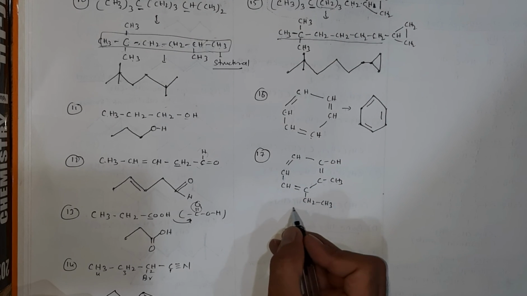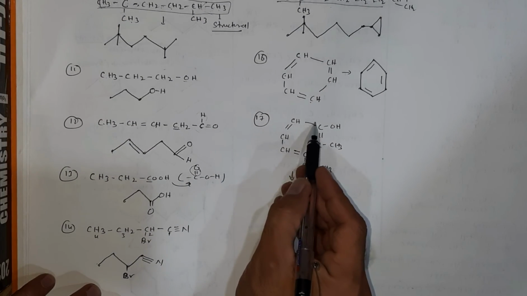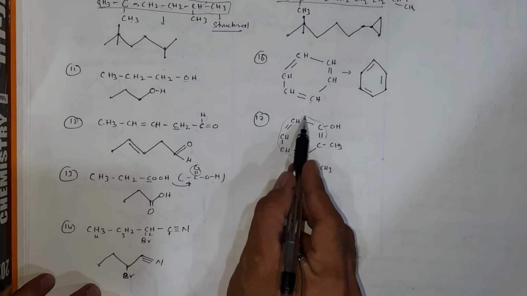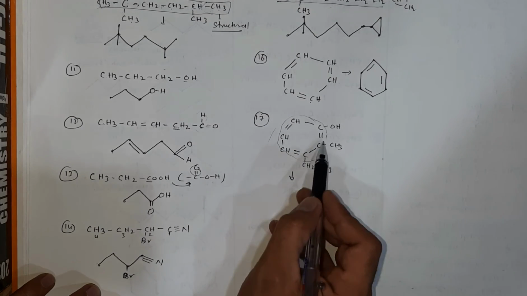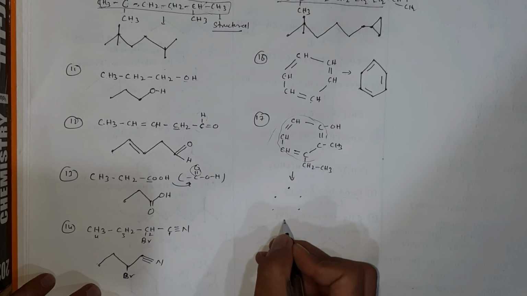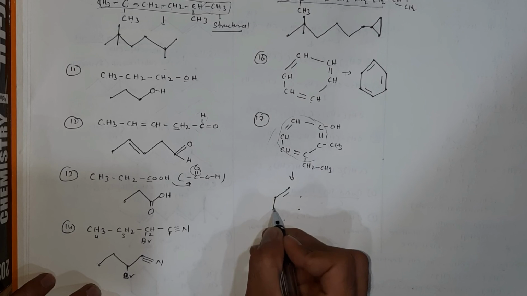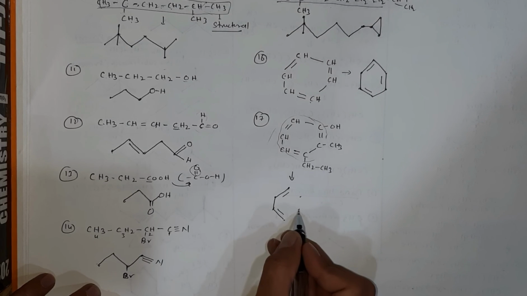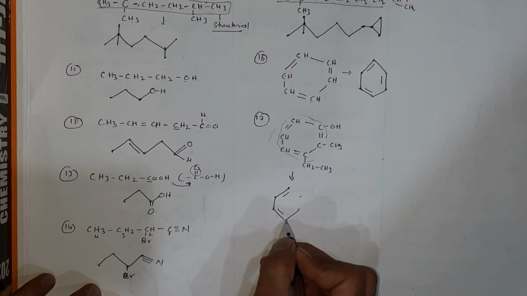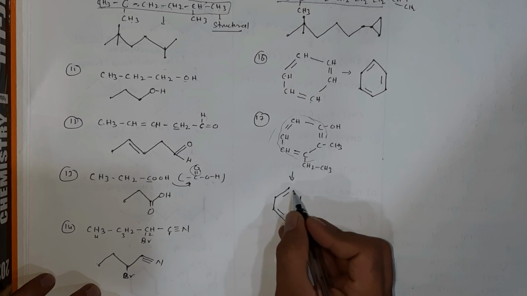So how will you convert this into a bond line formula? So first you select the cyclic chain as the parent, having large number of carbon, 1, 2, 3, 4, 5, 6, make 6 dot, 1, 2, 3, 4, 5, 6. Attachment कर दो, double bond, single bond, double bond, single bond. Clear है? Then again here there is a double bond and here there is a single bond.